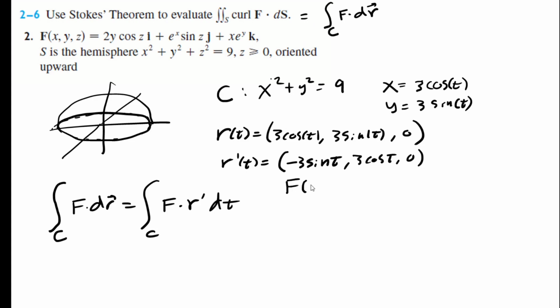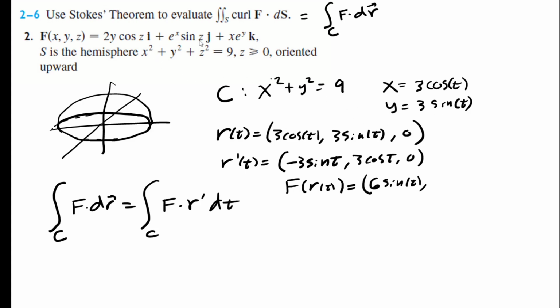So F of r of t: cosine of 0 is 1, and y is 3 sine t, so it's 6 sine t.